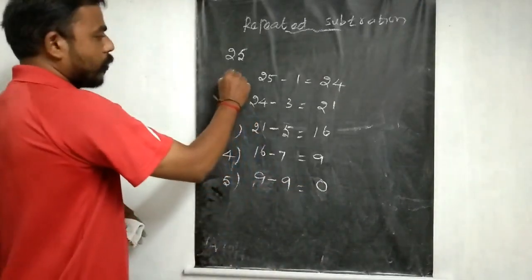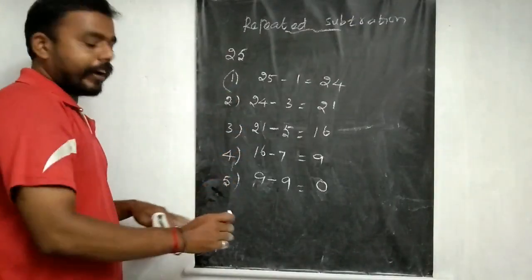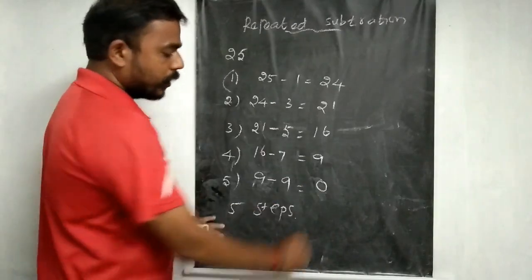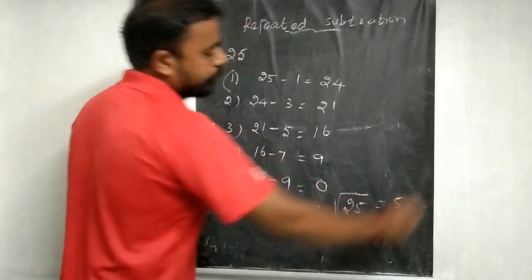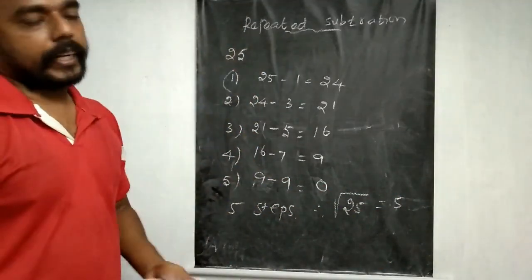Now what are the steps? 1, 2, 3, 4, 5. 5 steps. So therefore, the square root of 25 equals 5. This is the method of repeated subtraction.